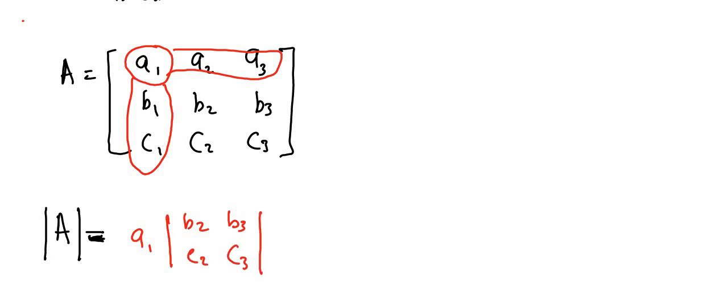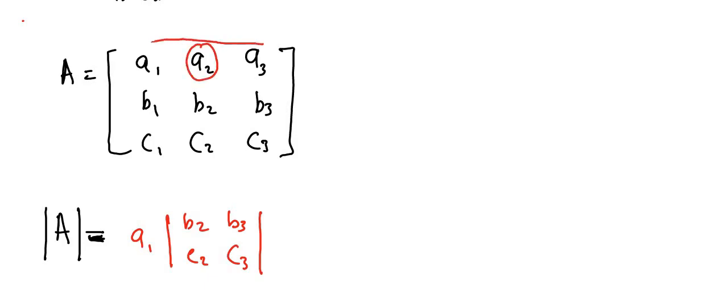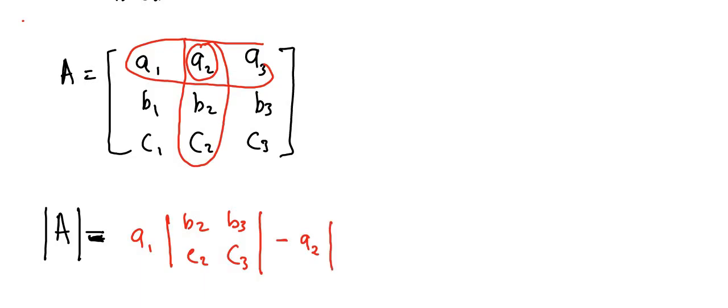Then you're going to say minus, so we have already used A1, then we come to A2. A2 is here, meaning we'll hide the row that it's in and also the column that it's in, implying that we're going to say minus A2 and then get B1, C1, and then B3 and C3.